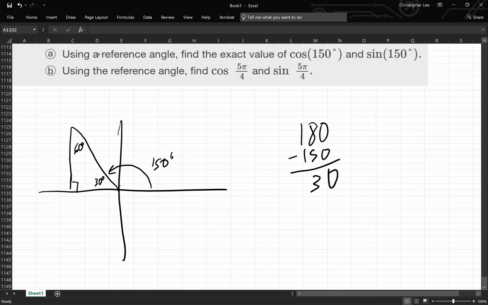Oh, I forgot to label my legs. Opposite of the 30-degree angle is 1. Our hypotenuse is always 2, and then this is going to be negative square root 3. Now, again, cosine of 150 is asking you like what is cosine of 30?